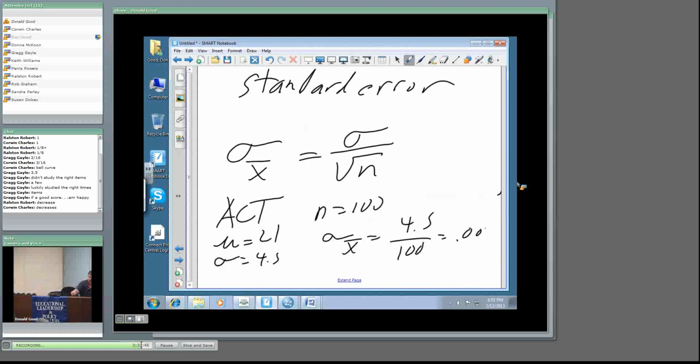Oops, I put my decimal in the wrong place. Okay, your standard error is 0.45. Now what we could do with that is take my normal distribution and, remember how it would go at 1, 2, 3 standard deviations, and -1, -2, and -3 standard deviations? I can likewise do that with standard errors.